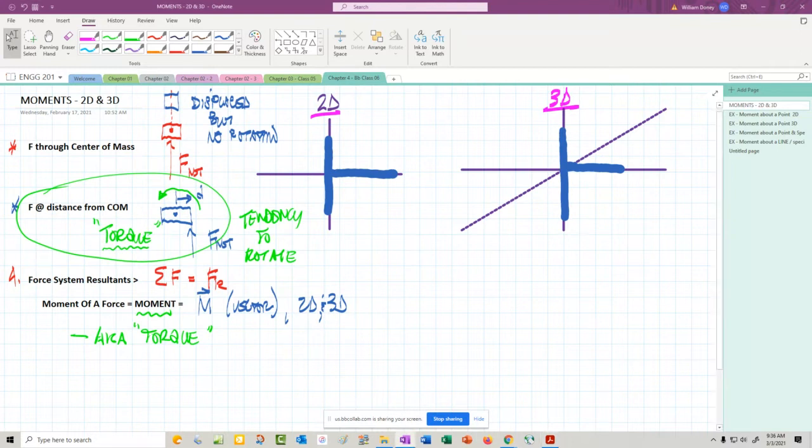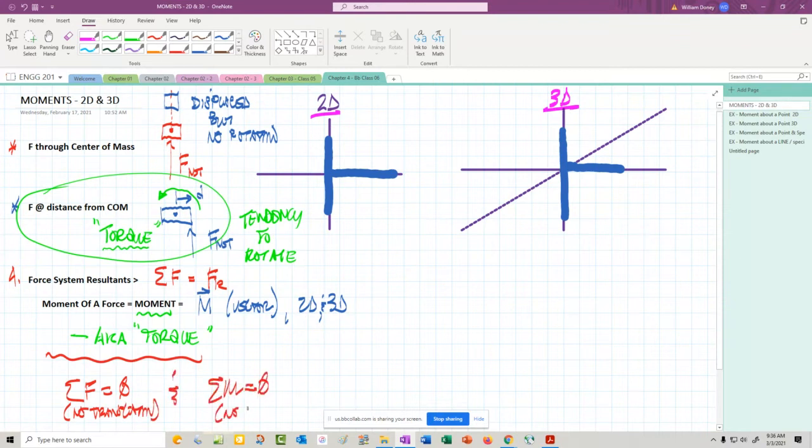And if you go back to the beginning of class, you may remember me saying you have to learn 2 things this semester. Some forces equal to 0, so there's no translation, and some moments equal to 0, which means there's no rotation. So we've dealt with the first one already. Now we're going to deal with this second one of summing the moments to 0.